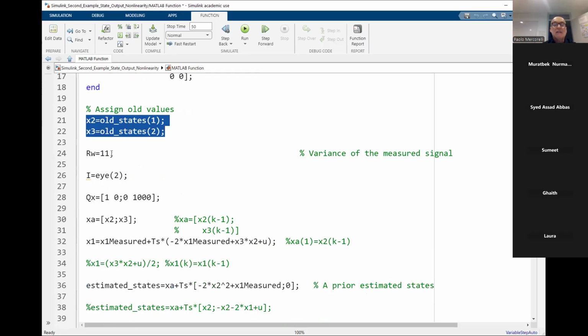Look, I changed the name in order to use the same notation as in the lecture or in the manuscript. We have here the variance of the measurement of x1. I don't know why 11, probably some student asked me to change something. Basically, we try with a round value. Typically this can be estimated with neural networks, or with PSO, which we use often here.